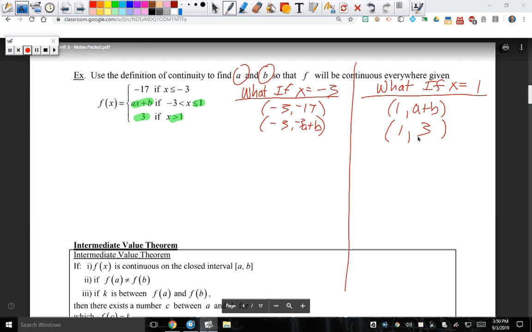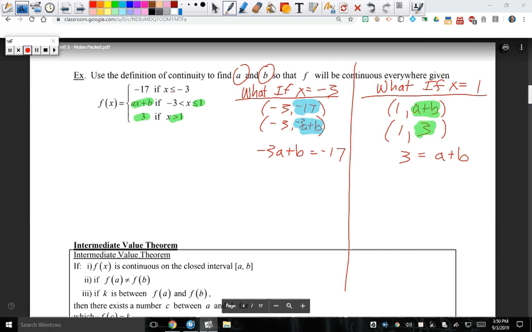And our goal to make this continuous everywhere is that this has to equal that, and this has to equal that. Do you all agree? Okay, here we go. So, negative 3a plus b is equal to negative 17, and 3 is equal to a plus b. What do you think I do from here to solve for a and b?